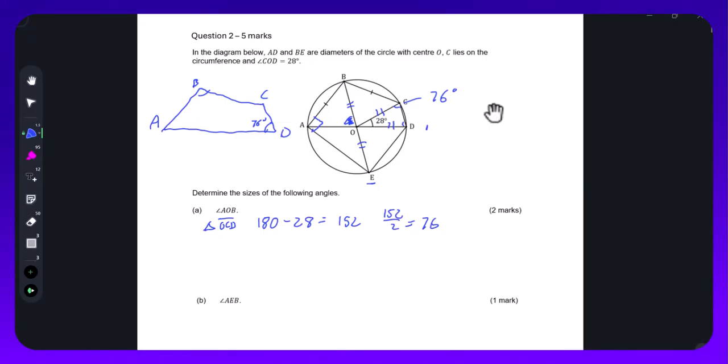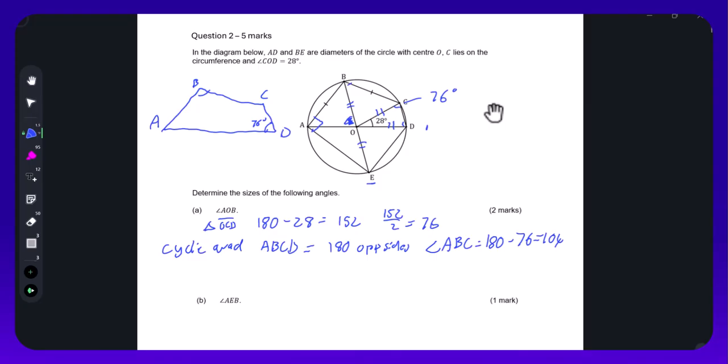So, cyclic quad ABCD, opposite angles equal 180, and therefore angle ABC equals 180 minus your angle that you've got at D, which is 76, equals 104. And therefore that will tell us that in here it'll be 104.